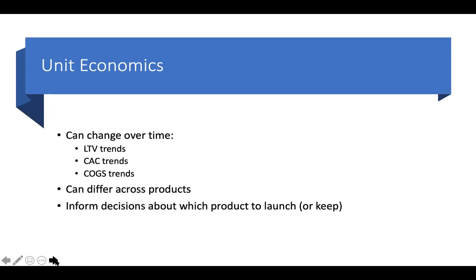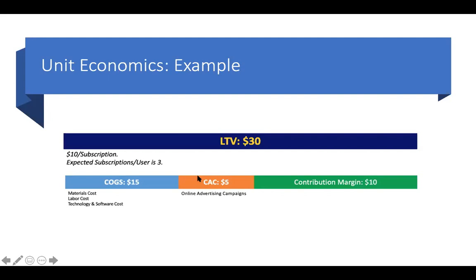Companies usually spend a lot of time trying to optimize their unit economics. If you see in the previous slide, the goal is to maximize the contribution margin, and there are multiple ways to optimize your contribution margin from this slide. You can increase your LTV, reduce your COGS and CAC, and then your contribution margin will be bigger over time.